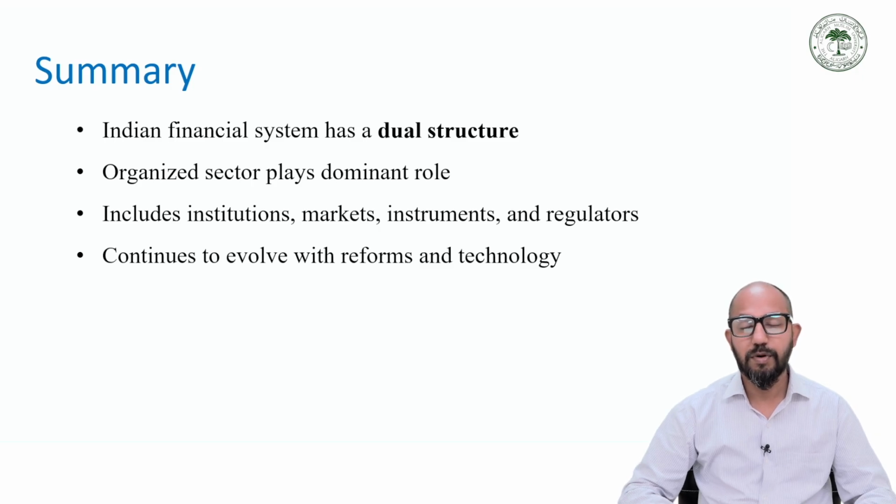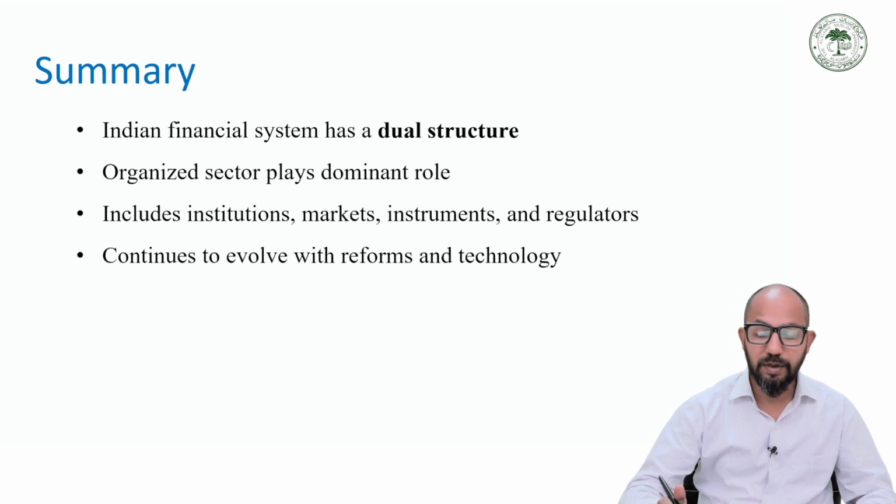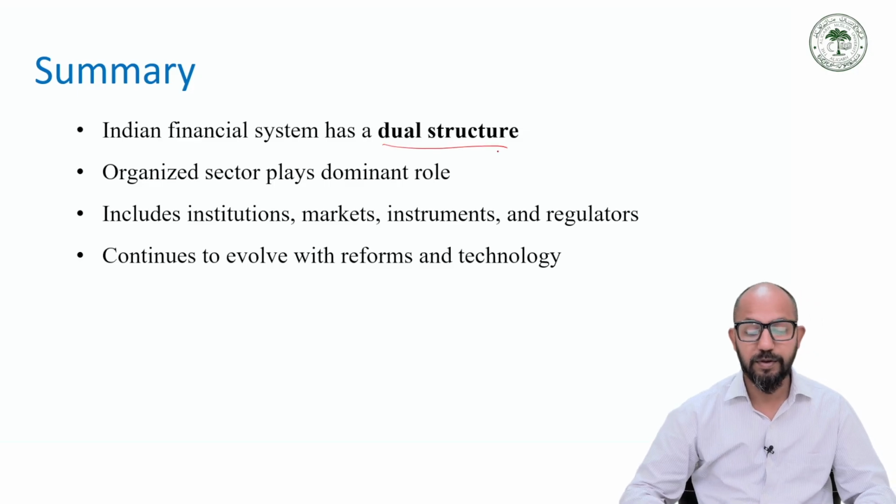Dear students, knowledge seekers and learners, whatever we have learned and discussed in today's lecture, let us now summarize. We have discussed and highlighted that the Indian financial system has a dual structure, that is, it has both formal and informal structure. We have also appreciated that the organized sector plays a dominant role.